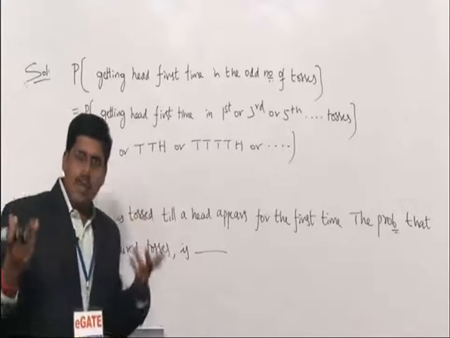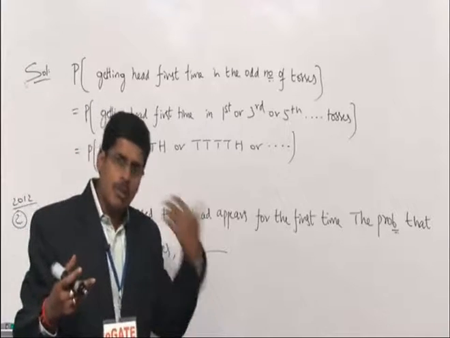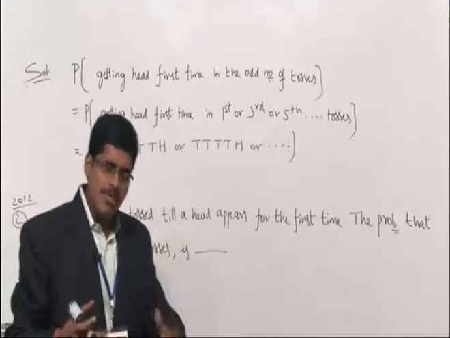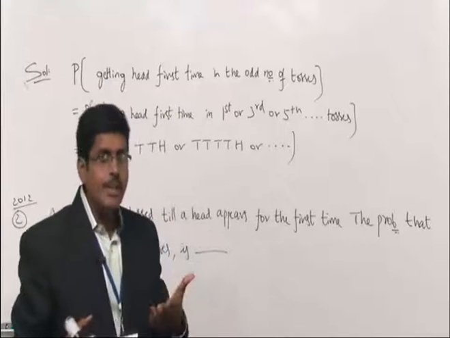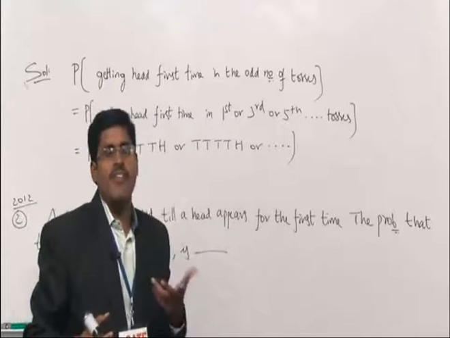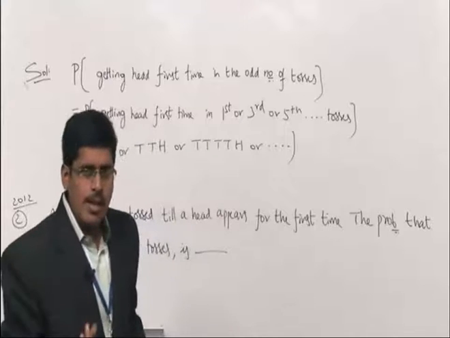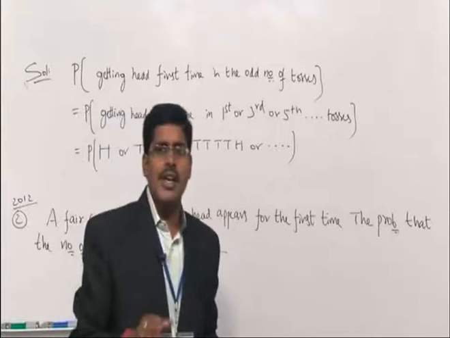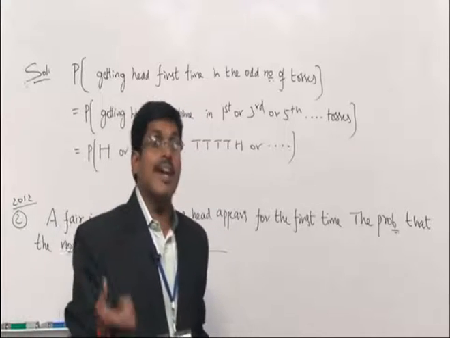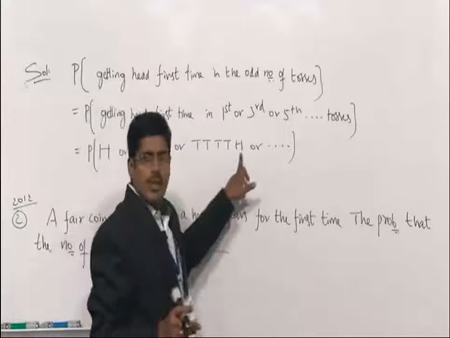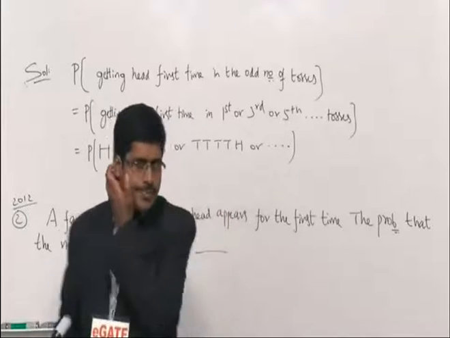If the first time does not give head, then we have to play up to the third time. So the first time tail, second time tail, then the first head falls on the third toss only. If the third time also falls tail, then the first head comes on the fifth toss only. Okay, that is the meaning.